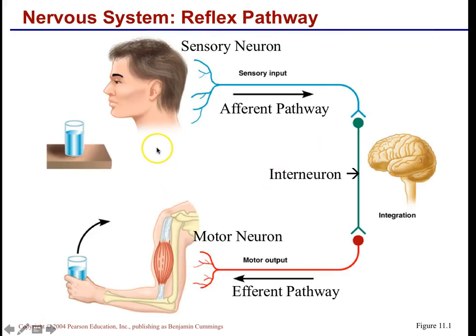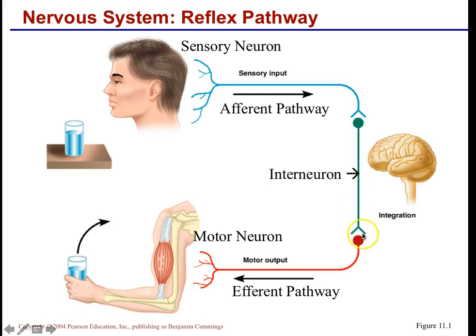Okay, so here is this individual who wants to drink this glass of water. So the sensory input, I would not have used this as an example, but that's okay, we'll go with it. The sensory input, or the afferent pathway, meaning the first, is going to go to the brain and spinal cord. That's my integration.